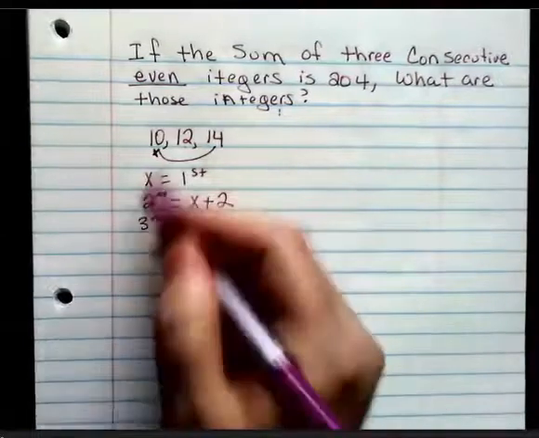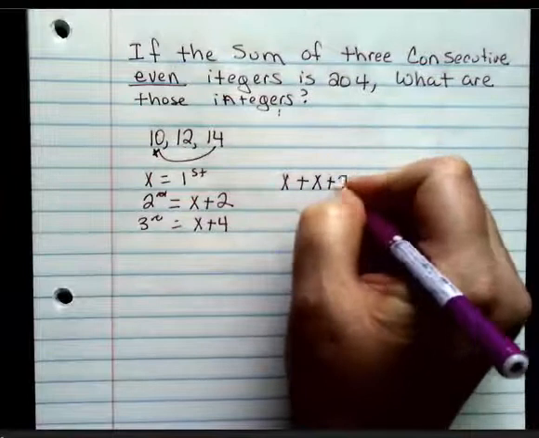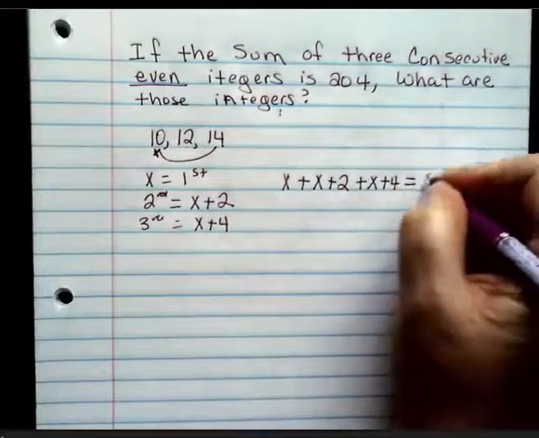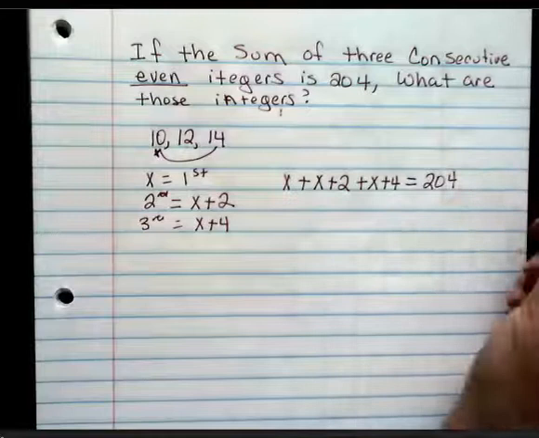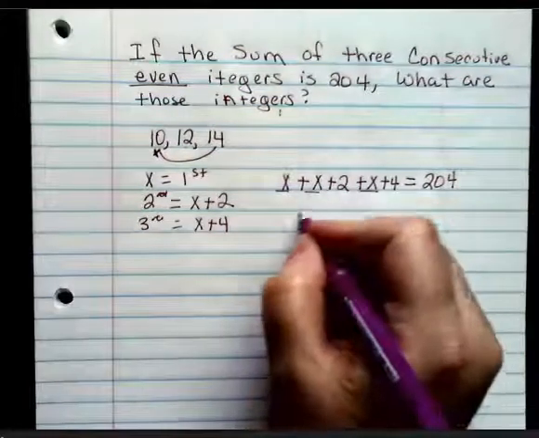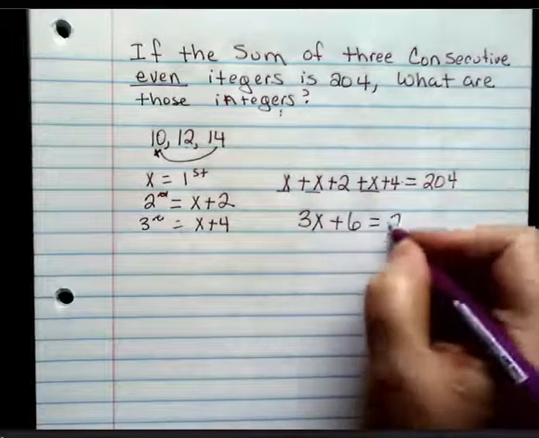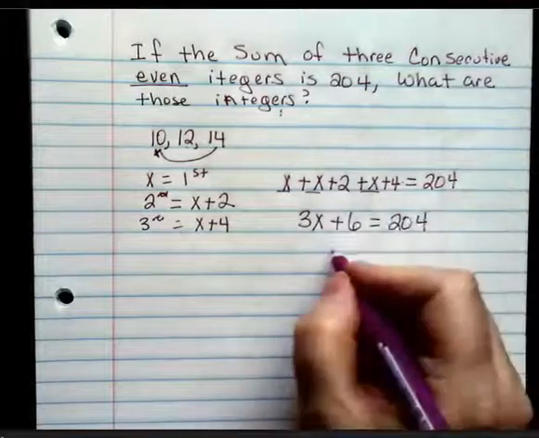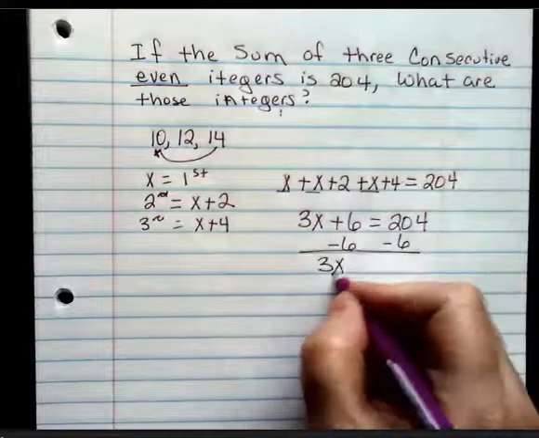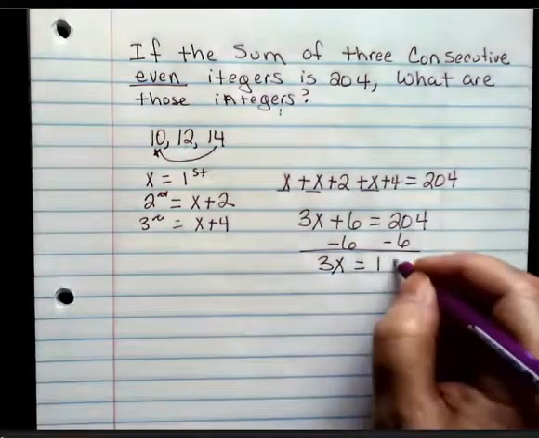So I add them all up. x plus x plus 2 plus x plus 4 equals 204. Now add your like terms. 1x, 2x, 3x plus 4 plus 2 is 6 equals 204. Subtract 6 from both sides. 3x equals 198.